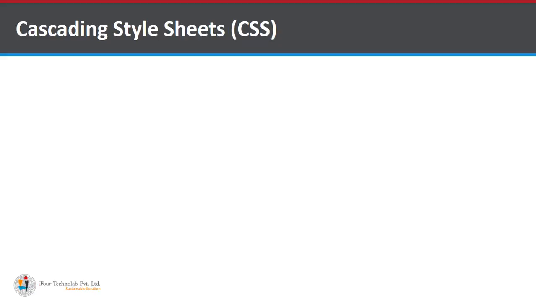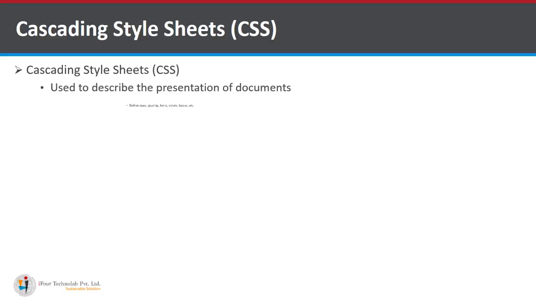Now what is CSS? CSS stands for Cascading Style Sheets. CSS is used for an attractive UI. It is a way to control the appearance and layout of your web pages. CSS is used to describe the presentation of documents.